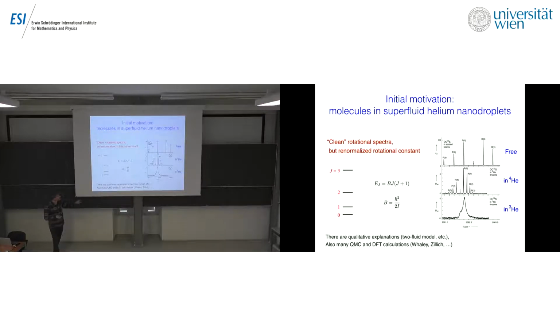What it means is that if you have a simple linear rigid rotor, like a rotating stick, the spacing between the rotational lines changes, which means that the stick starts rotating slower in a solvent. So it acquires some effective moment of inertia, similar to polarons and effective mass, right? That was not obvious. This last sentence was actually not obvious 20 years ago.